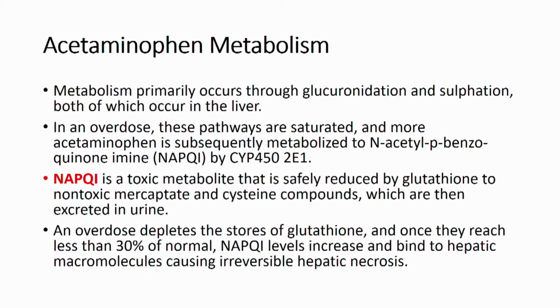Once the levels fall below 30% of normal, the NAPQI starts to do its harmful effects. It binds to the hepatic macromolecules, which results in irreversible hepatic necrosis. Then we start talking about liver failure and dysfunction.